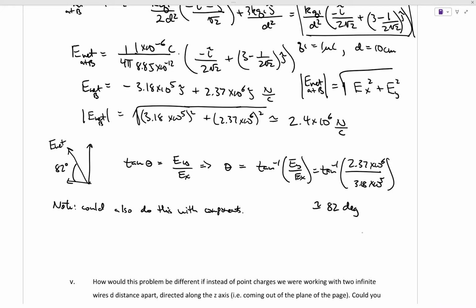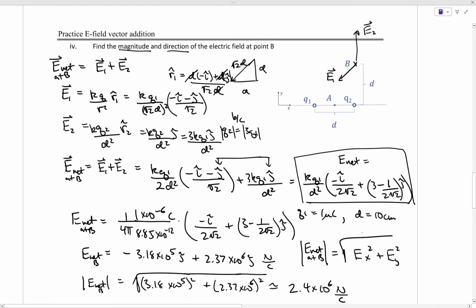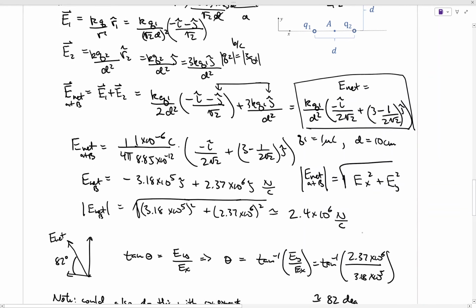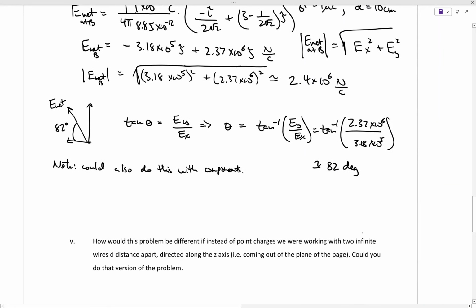The electric field due to Q2 would be the same because it's just along the y-axis. But for E1, you could imagine writing theta like that. Think of it as, we know it's pointing like this. Theta's here.